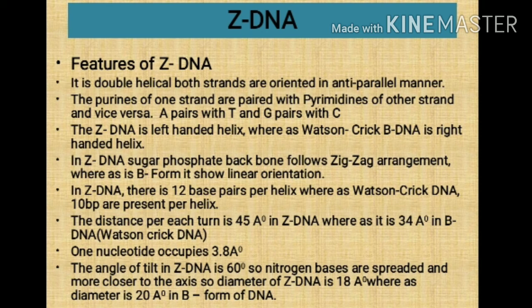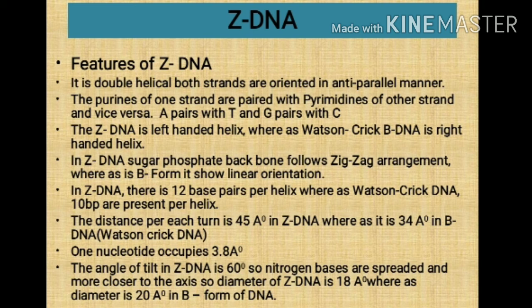The distance per each turn is 45 angstroms in zDNA, and it is 34 angstroms in B DNA or Watson-Crick DNA.